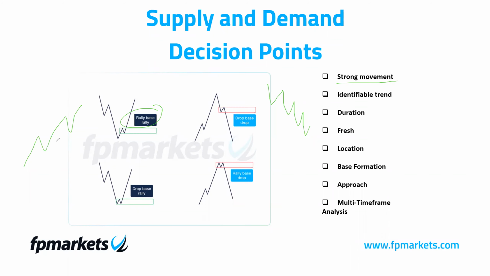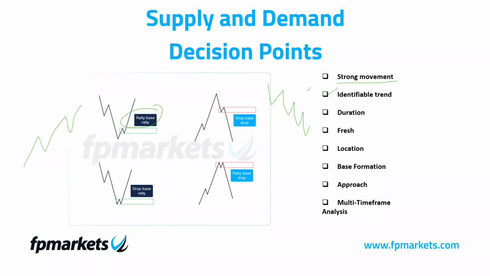And for the uptrend, a series of higher lows and a series of higher highs. Again, we generally look for the more high probability rally base rallies within the uptrend, and the more high probability drop base drop areas within the downtrend. All right, I hope that's clear. There's not really much I can add to this, so that's identifiable trend checked off.